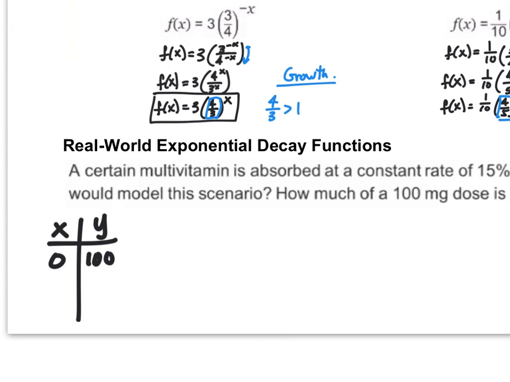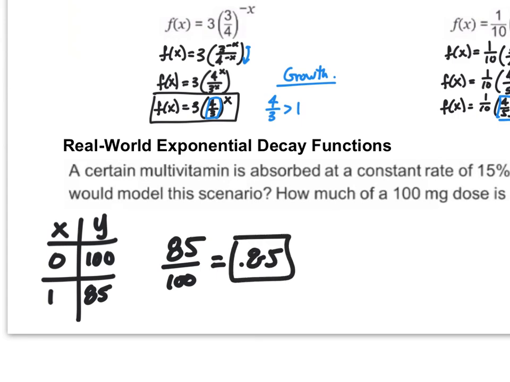So after 1 hour, how much of that 100% of the vitamin is left over? If you take away 15% of it, you're left with 85. So to get your multiplicative rate of change, you take 85 and divide it by 100, which gives you 0.85. Okay, this is your base.